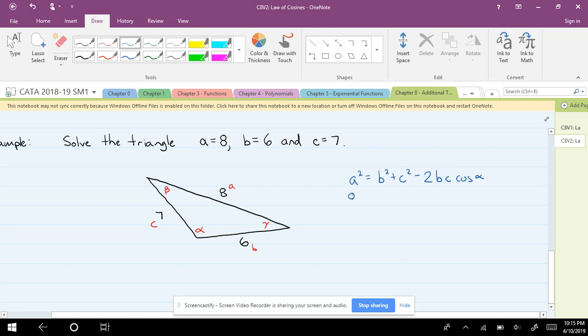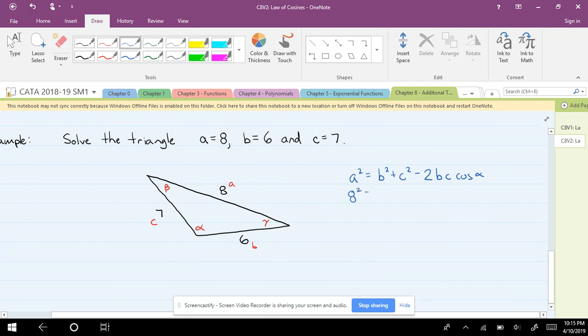Well, here I have 8 squared, b squared is 6 squared, c squared is 7 squared minus 2 times 6 times 7 times cosine alpha. What I want you to pay very, very close attention to is how I'm going to go about isolating all of this.